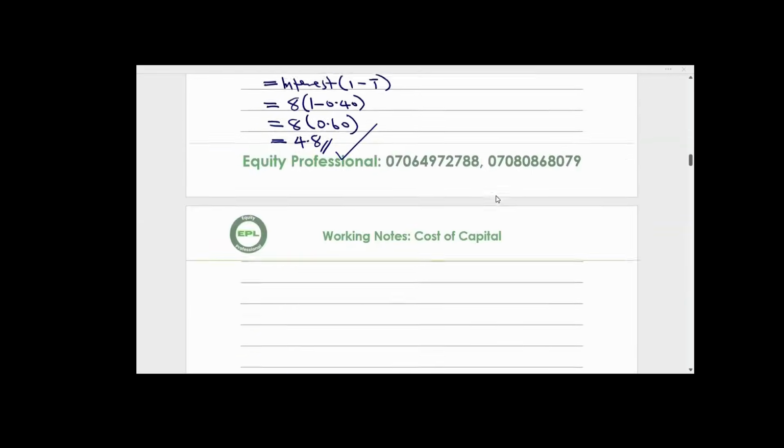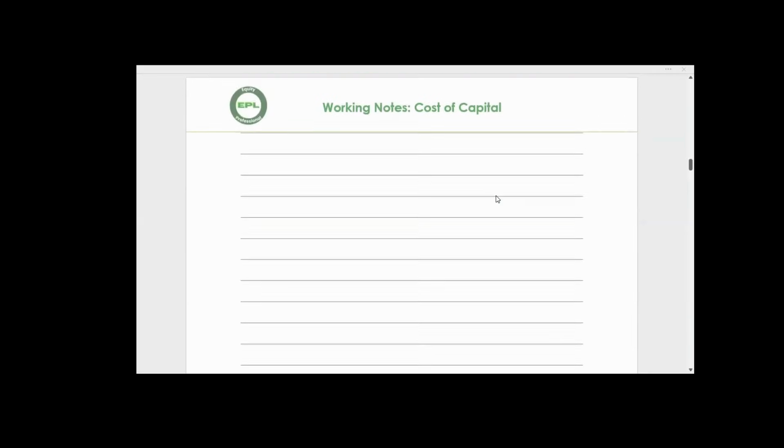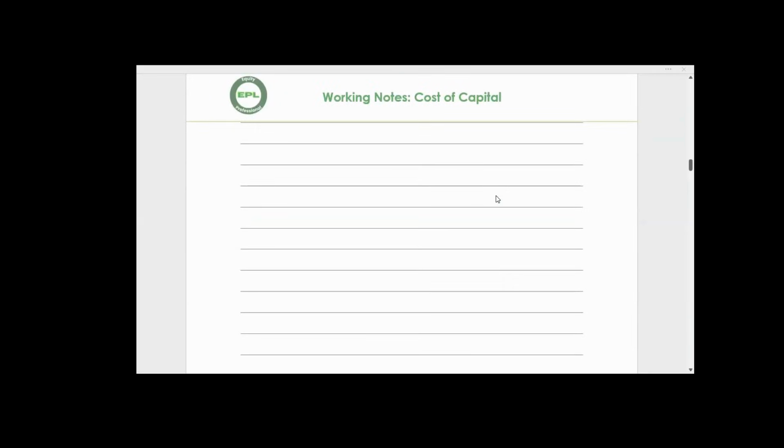Instead of me switching, let me just use this material to explain cost of convertible securities.